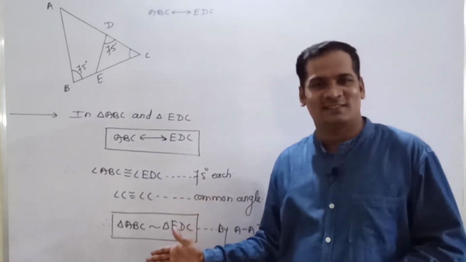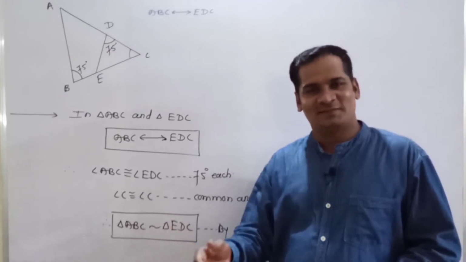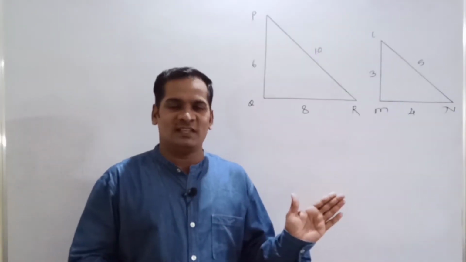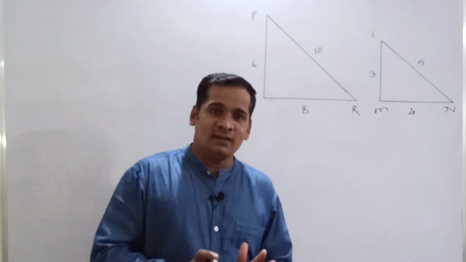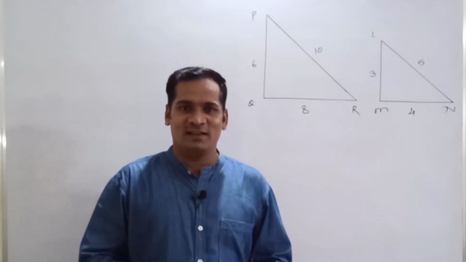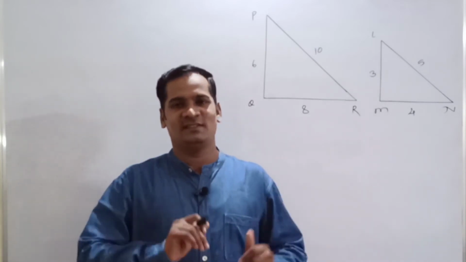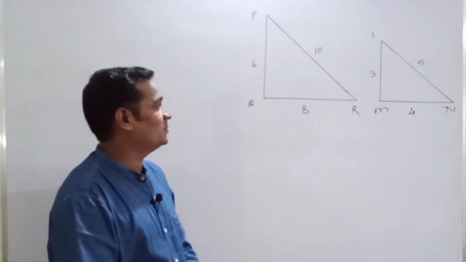Okay, in this way we can easily prove that these two triangles are similar by the angle test. How simple is this? So let's move towards the second question. Now this is question number 2 from practice set 1.3, and the question is, are the triangles in the figure similar? If yes, by which test? So let's find out by which test these two triangles are similar.